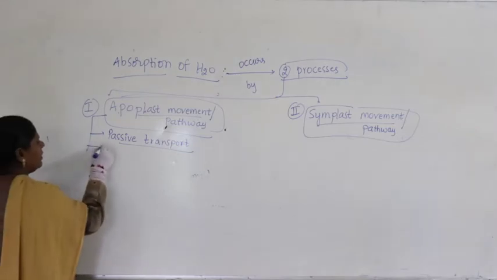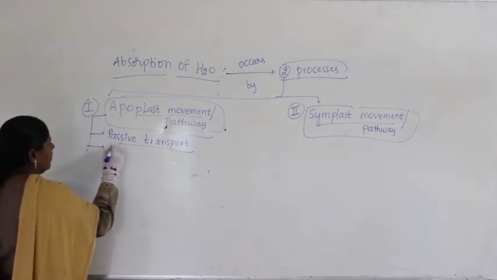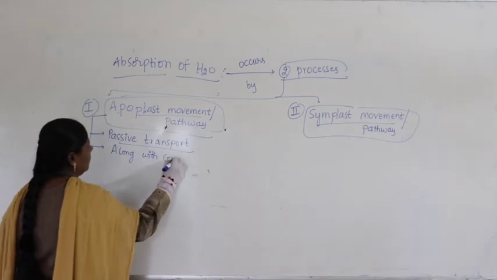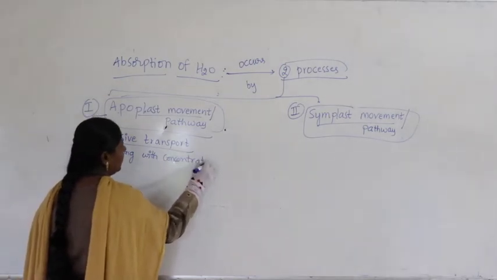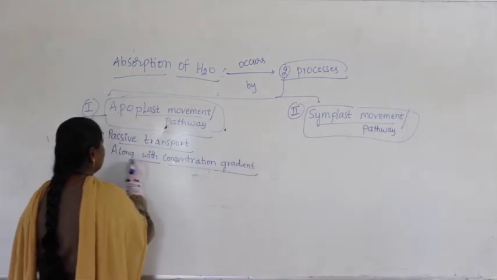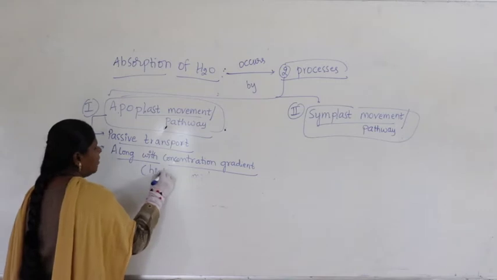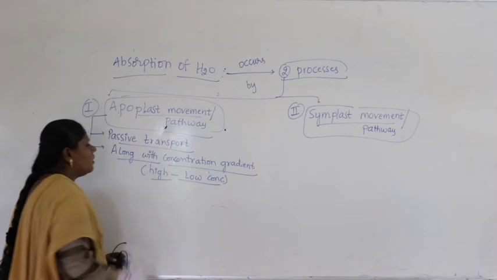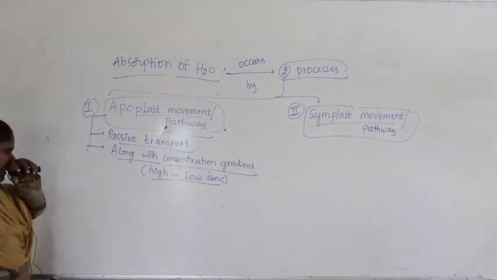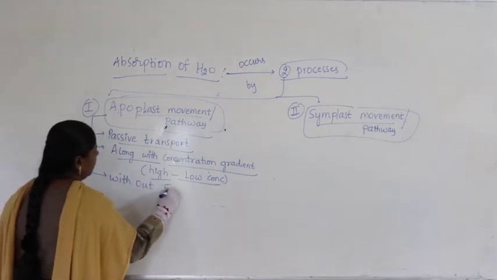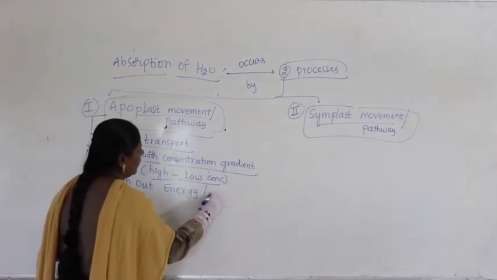It occurs along the concentration gradient, that is, from high concentration to low concentration, without energy, or we say without ATP.